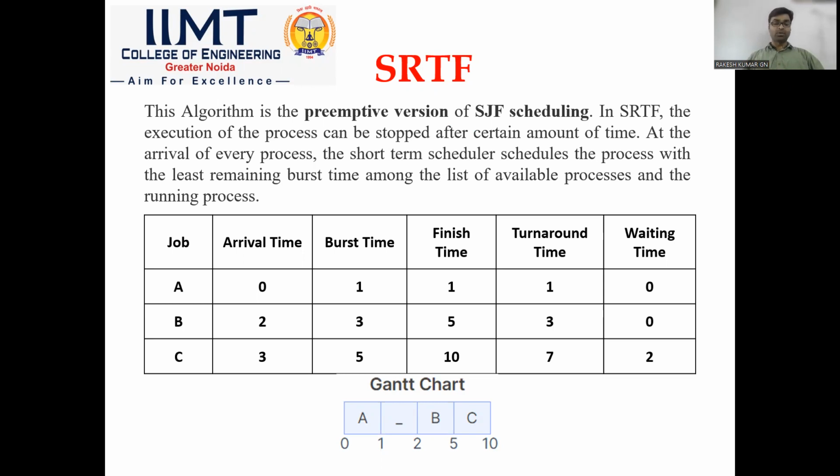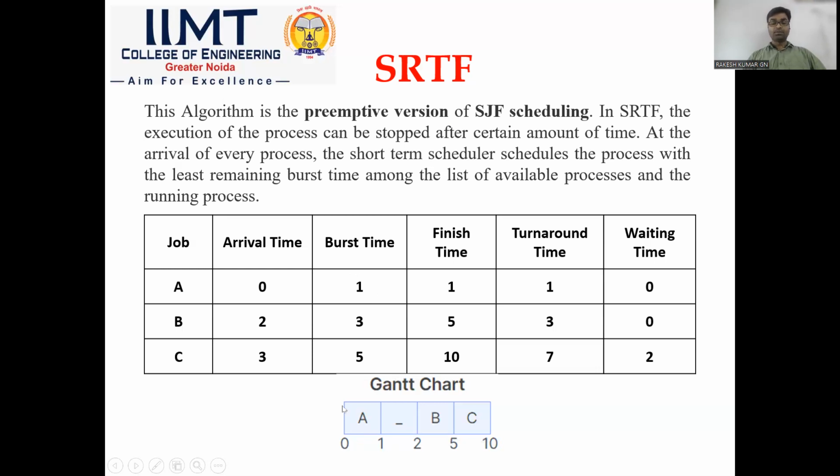So here we have three processes, A, B, C, and the arrival times are 0, 2, and 3 respectively. The burst times for these processes are 1, 3, and 5. Process A arrives at time 0 and executes its burst time, which is 1.